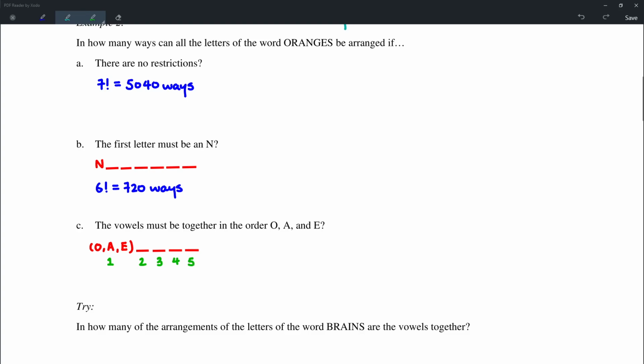So we are actually arranging 5 objects: the group of vowels and then the other 4 letters. So that means we're actually looking at 5 factorial, which is 120 ways to arrange the letters so that the vowels are together in the order O, A, and then E.